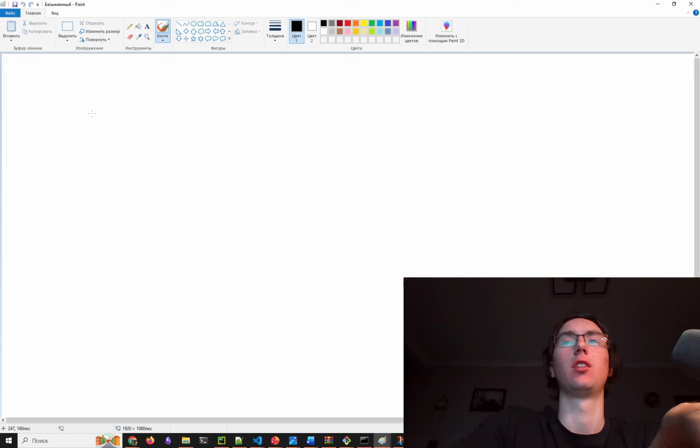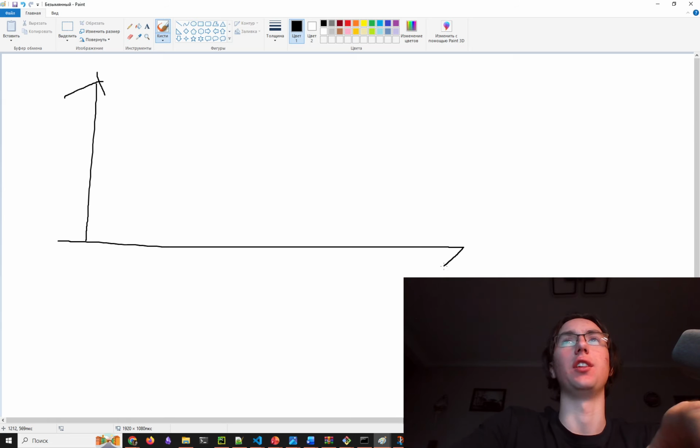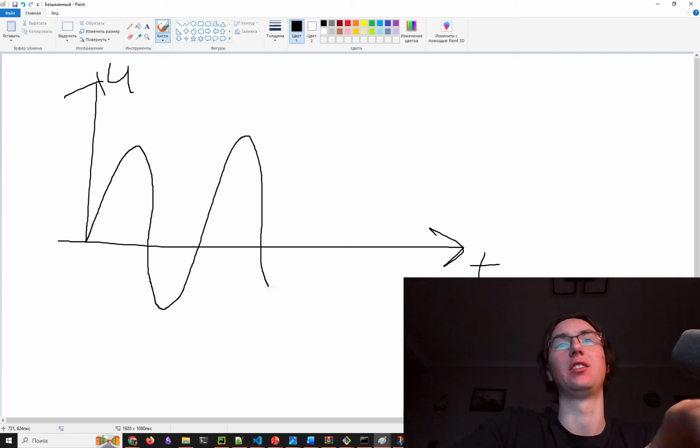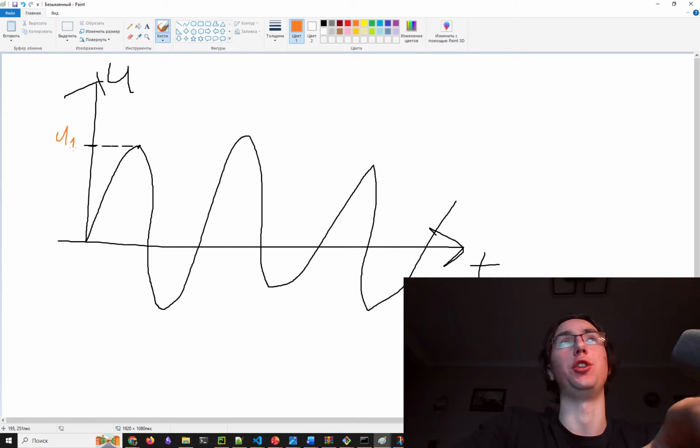For example, we have some periodic signal that goes through time. Say these values are U1 and U2, so basically a voltage.